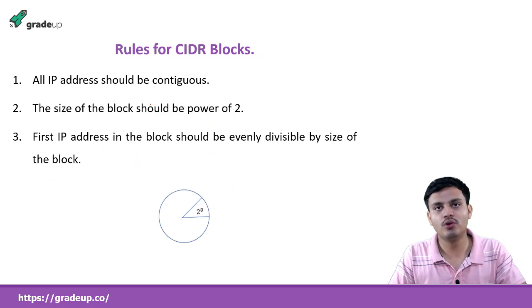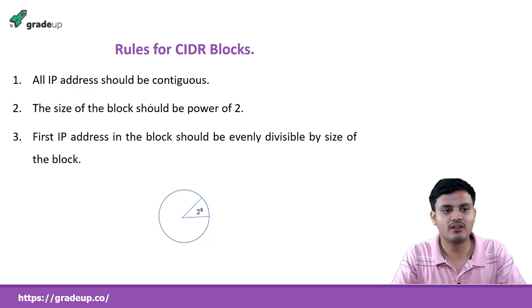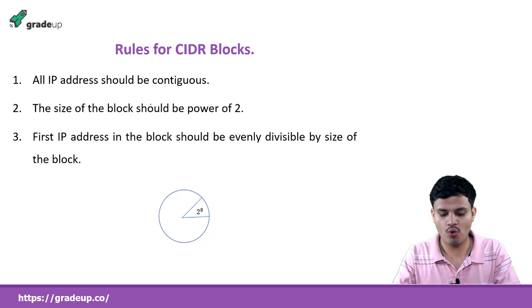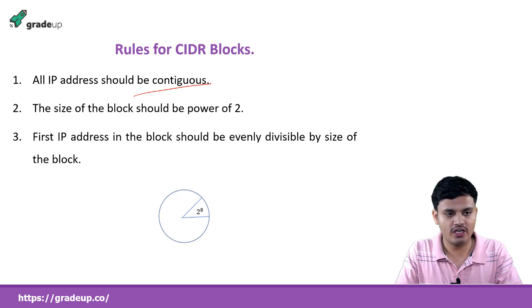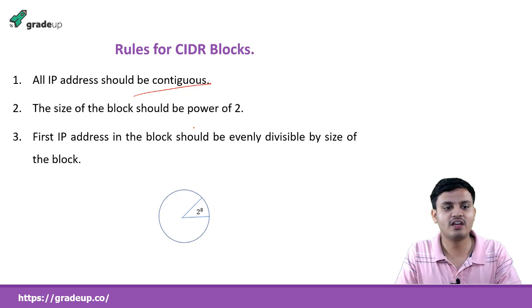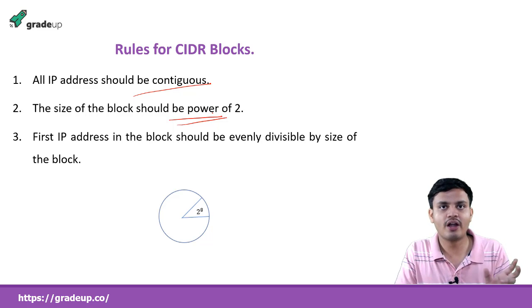Now there are some rules to get the block from CIDR. The first rule is that all the IP addresses should be continuous. And the second thing is that when you are cutting the piece of cake, it should be in a power of 2, because it will make it easy to get the network ID and host ID. Here we are going to use the term block ID instead of network ID.